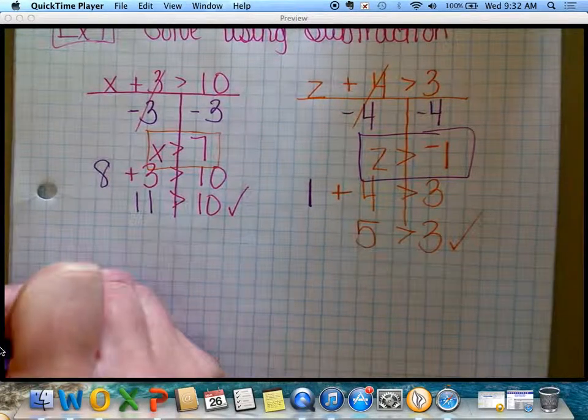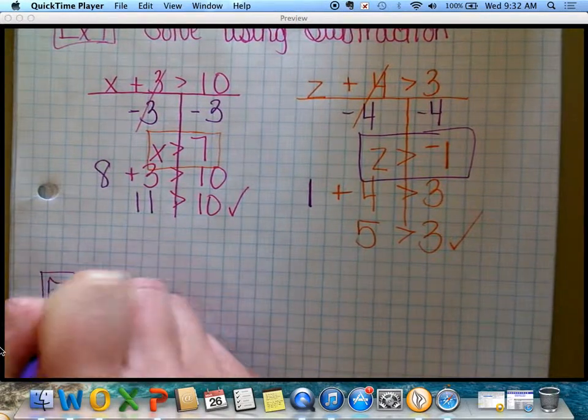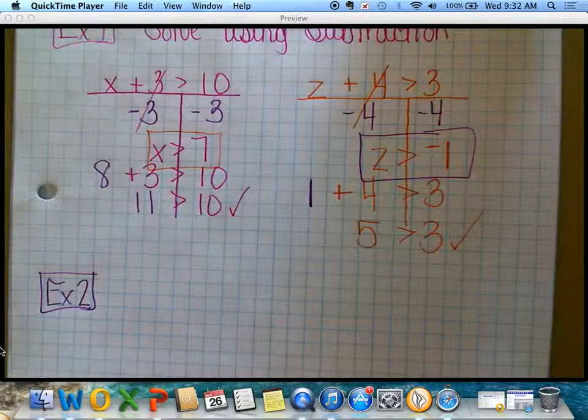Let's look at example 2. Solve using addition.